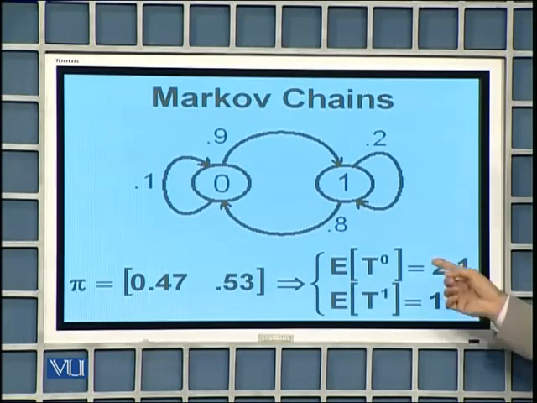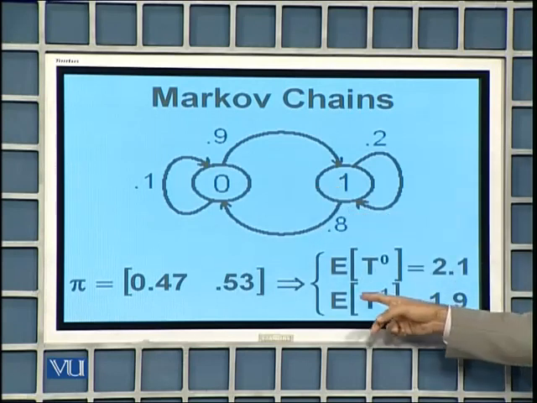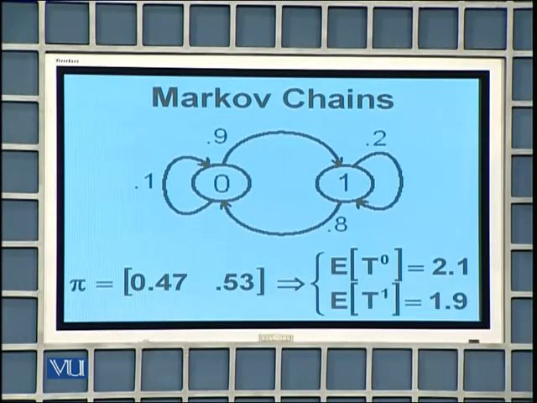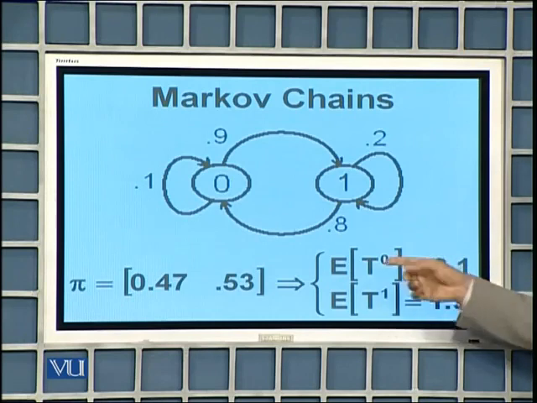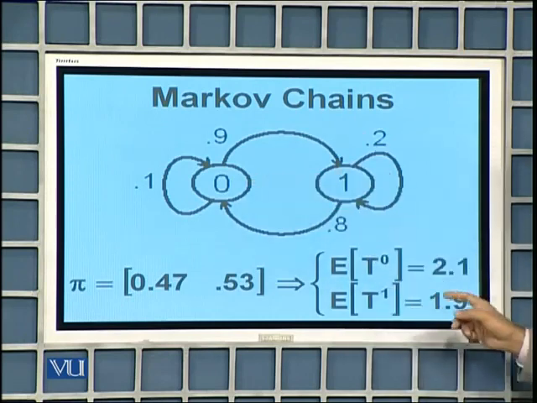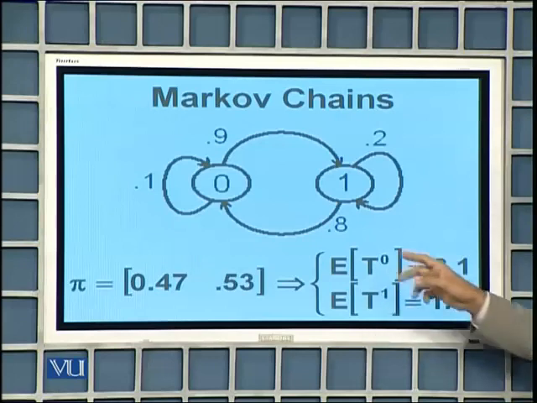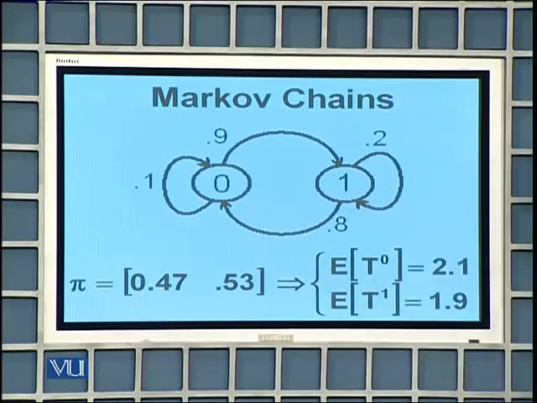Then the expected value of return time associated with state 0 is 2.1 and the expected value of return time associated with state 1 is 1.9. So it appears that after every 2 steps, on average, not every time, on average, after slightly more than 2 steps, you come back to state 0, and after slightly less than 2 steps, you come back to state 1.